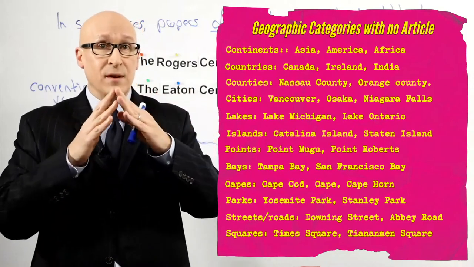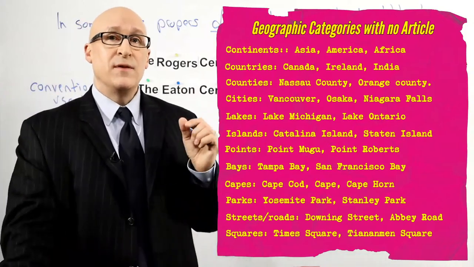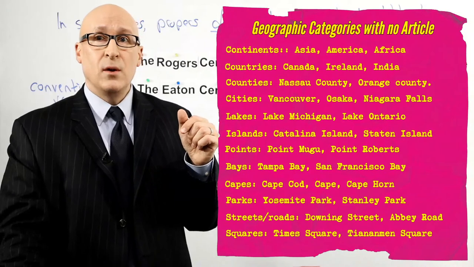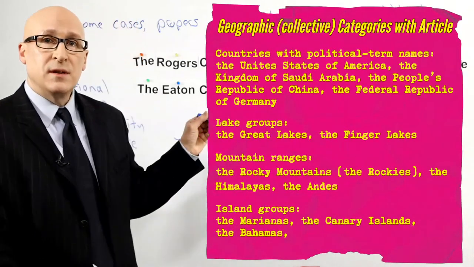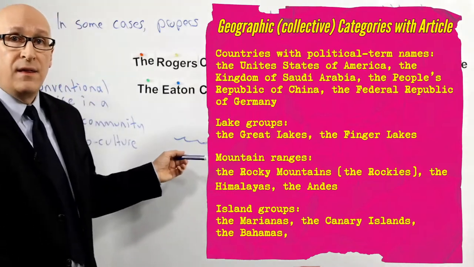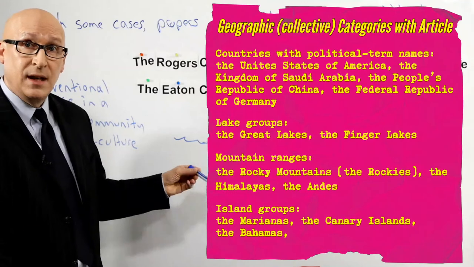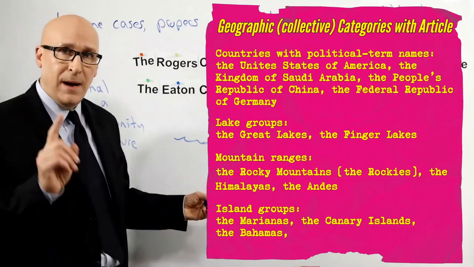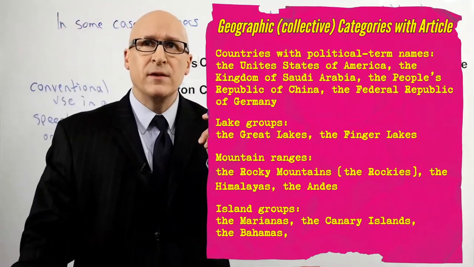But Everest is one mountain in a chain of mountains. So if you're talking about the range of mountains, the whole group of mountains, then we use the Himalayas, right? The Himalayas. It's a series of mountains. Everest is one of them, Mount Everest. So I guess I should have that on the list, but I don't. Sorry, guys.